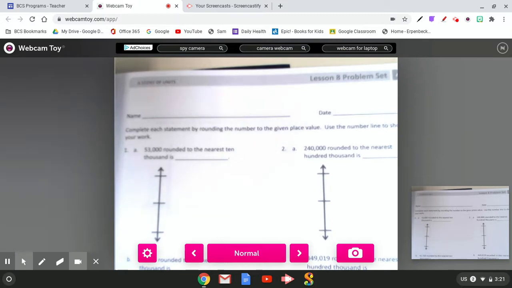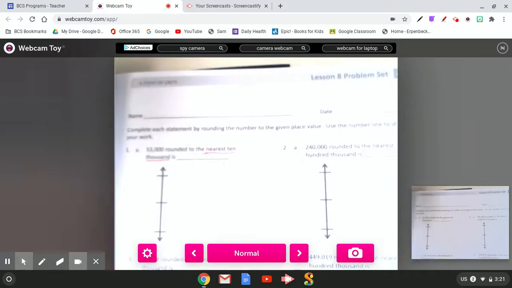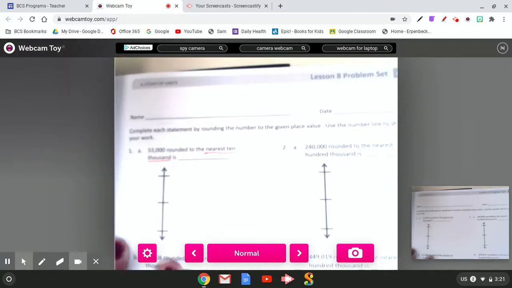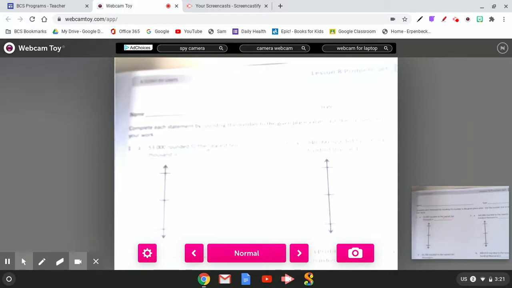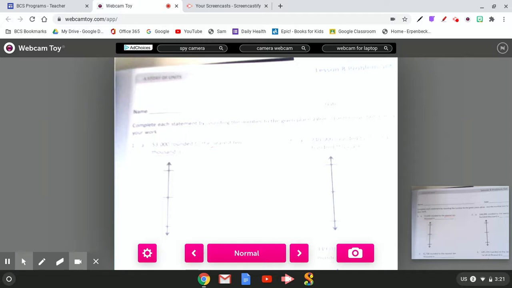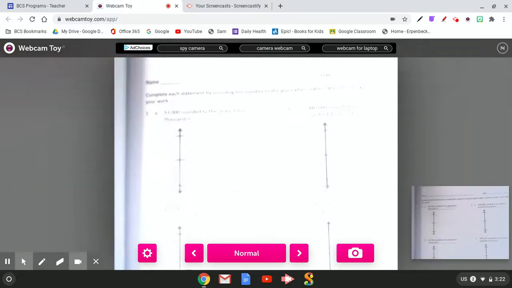So number 1A, 53,000 rounded to the nearest 10,000. So I'm going to focus myself that nearest 10,000 is my goal for this particular one. So the first step in figuring out how to round to the nearest 10,000 will be to find the 10,000s place.